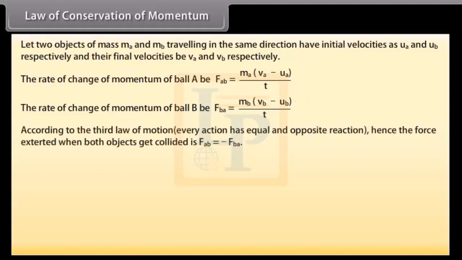According to the third law of motion, every action has equal and opposite reaction. Hence, the forces exerted when both objects collide are FAB equal to minus FBA.